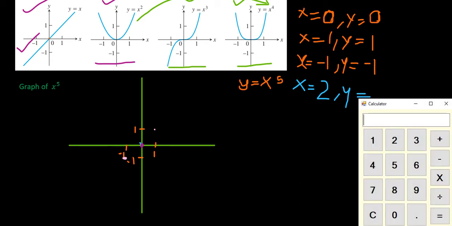You can use a calculator to check the value by multiplying 2 five times.